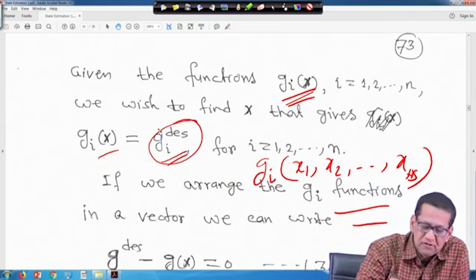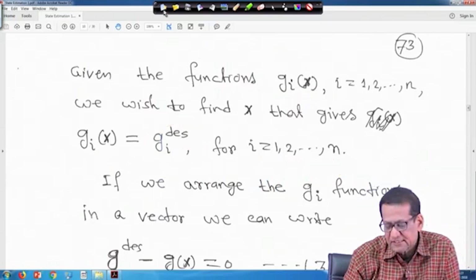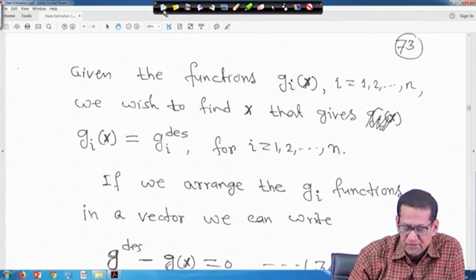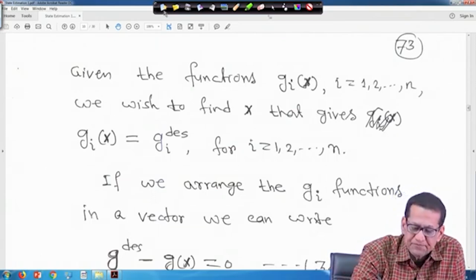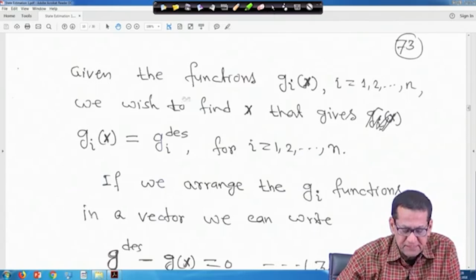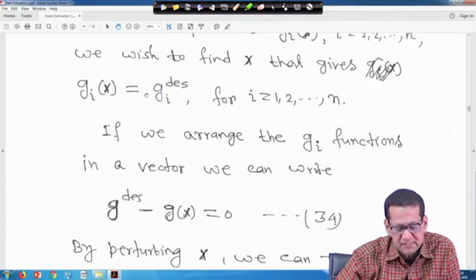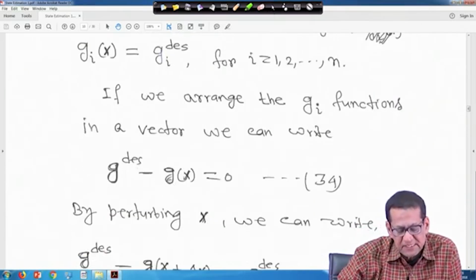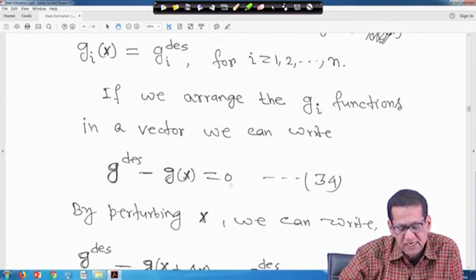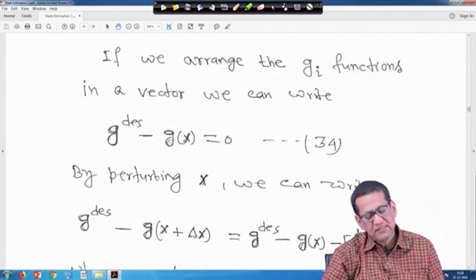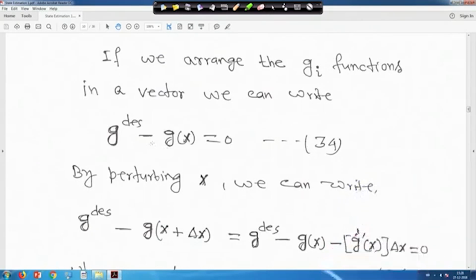If we arrange the g_i functions in a vector, we can write g desired minus g(x) equal to 0. We want that when it converges, g(x) should be equal to g desired.